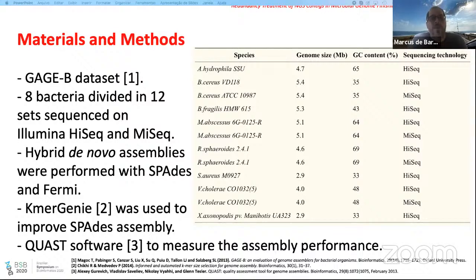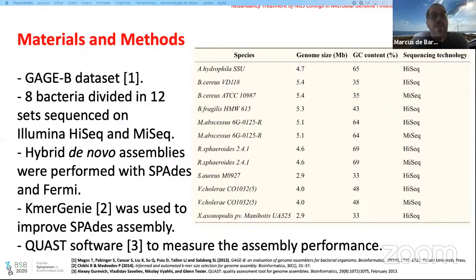It consists of eight bacteria divided in 12 sets sequenced on Illumina HiSeq and MiSeq. On the right table, you can see the 12 species, their genome size, their GC content, and which technology it was sequenced with, HiSeq or MiSeq.